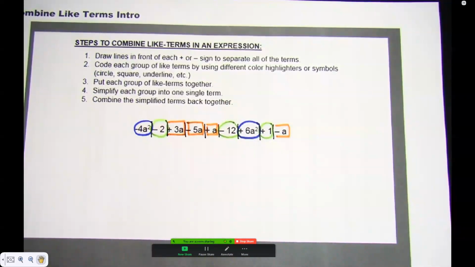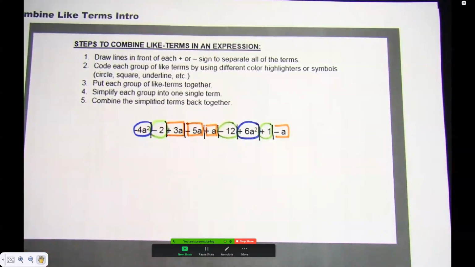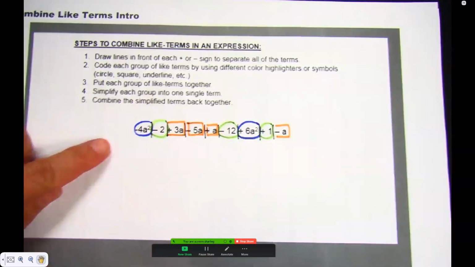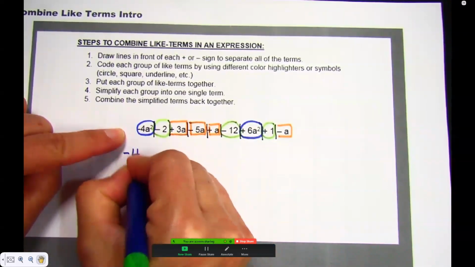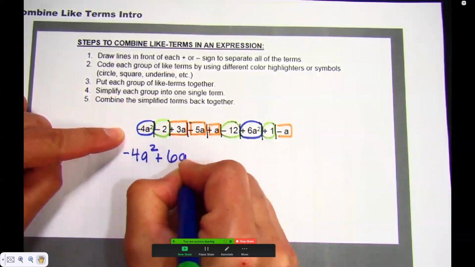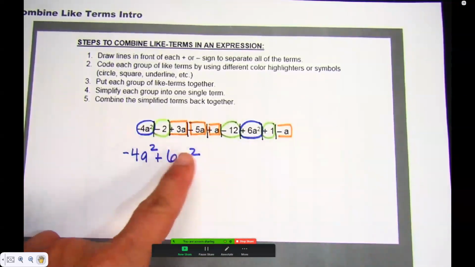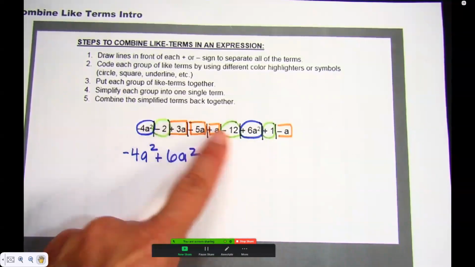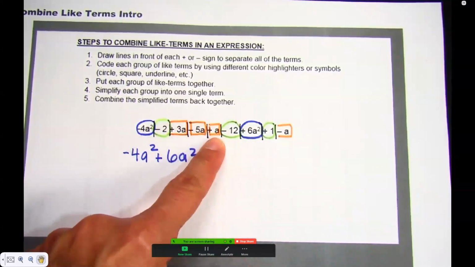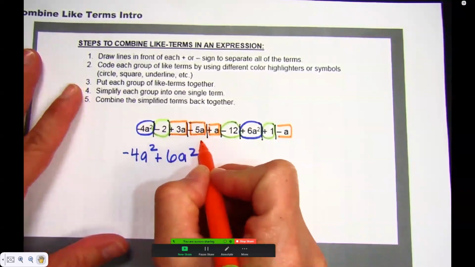And now I'm going to put each group of like terms together. So the first group that I circled were the a squared. So that's going to be -4a squared plus 6a squared. The next thing that happens are the -2's, but I really just want to go ahead and do all of my variables at the same time. So now I'm going to look at the regular a's.